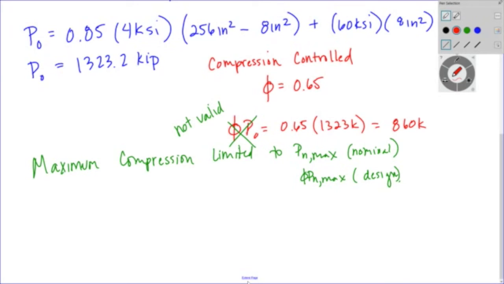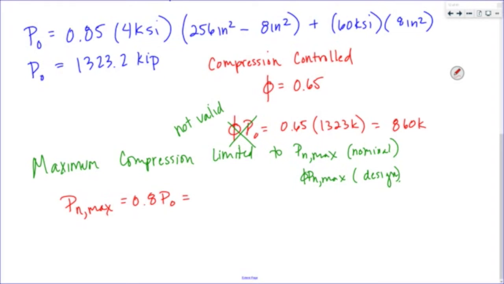So let's see. PN max, because this is tied, is equal to 0.8 times PO. So that's 0.8 times 1323. All right, I already calculated the PO. It's right up there. So that is 1058 kips.